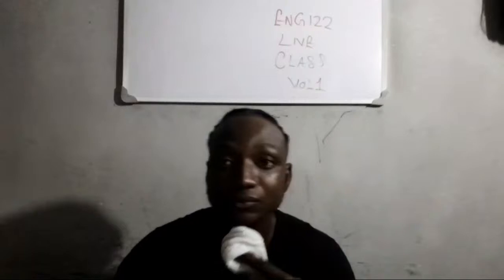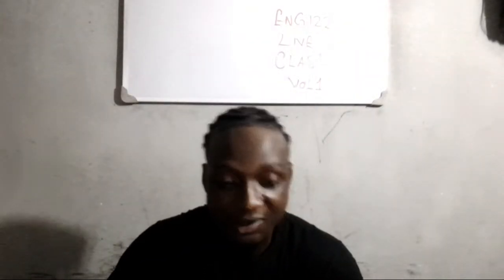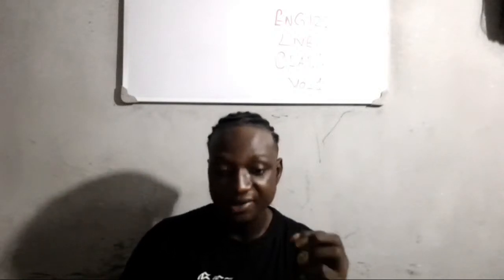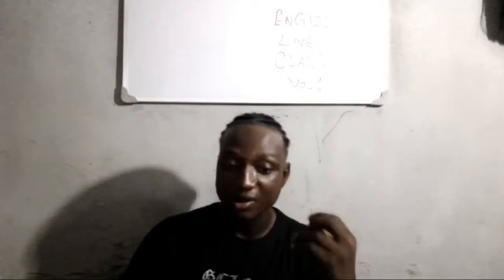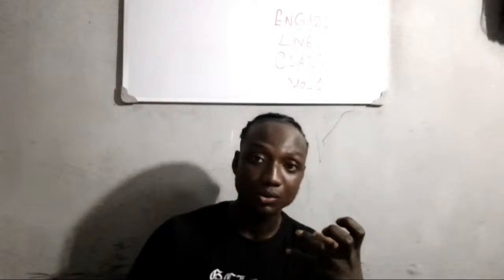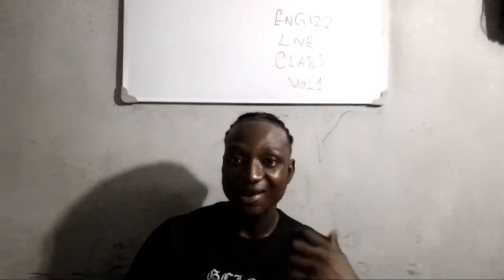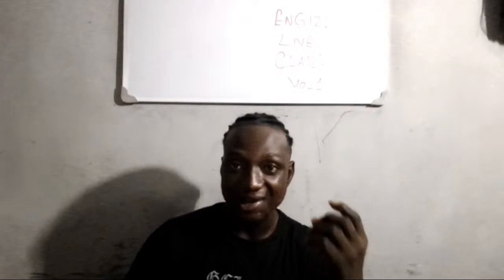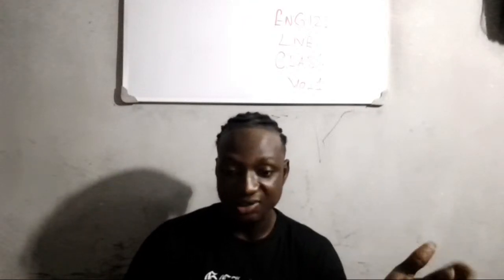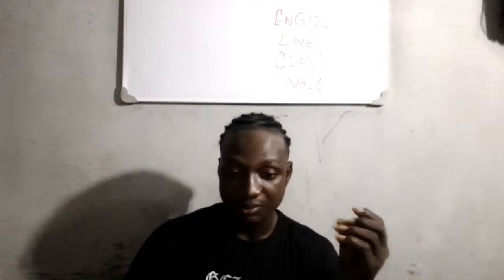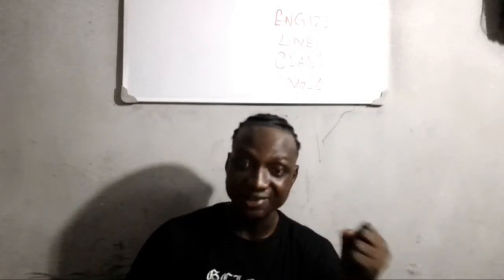Now, let's talk about dangling modifiers. Modifiers are said to dangle when they are not consistent with the subject-predicate relationship in the sentence. Let's take that again. Modifiers are said to dangle when they are not consistent with the subject-predicate relationship in the sentence.